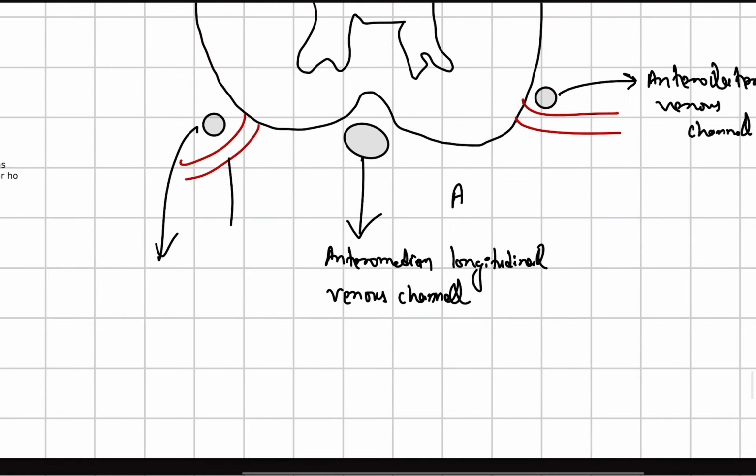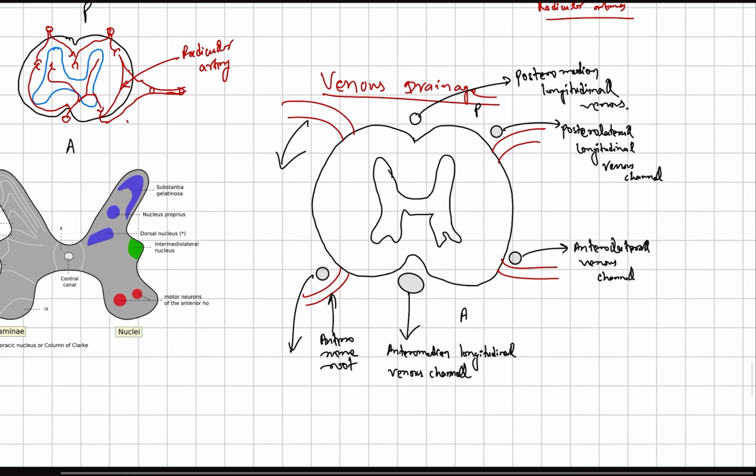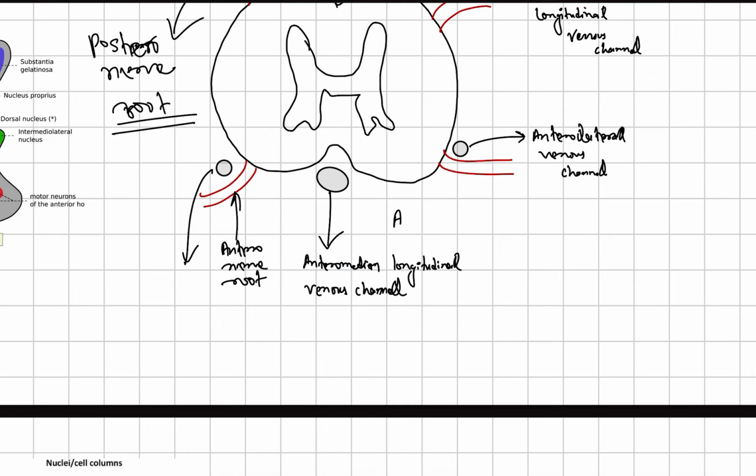This is the ventral nerve root, or anterior, and the dorsal, posterior nerve root. This is also the anterolateral venous canal.